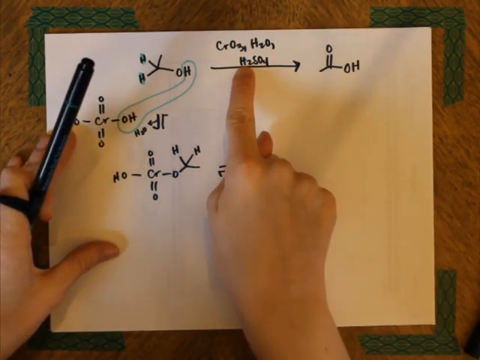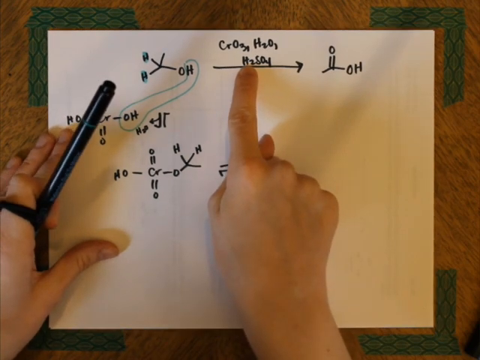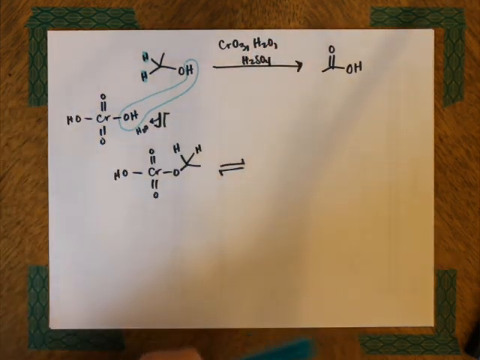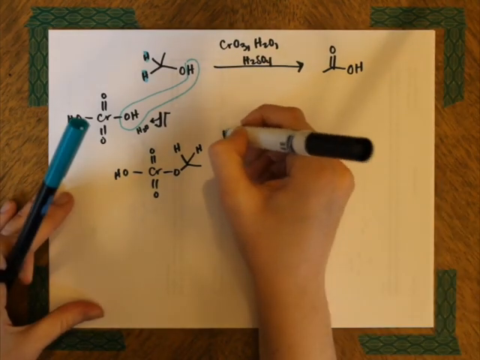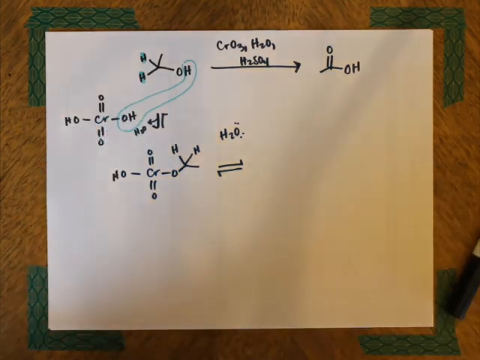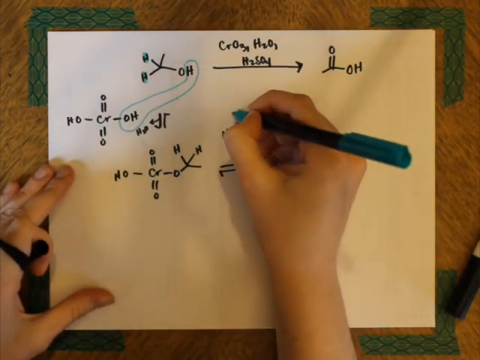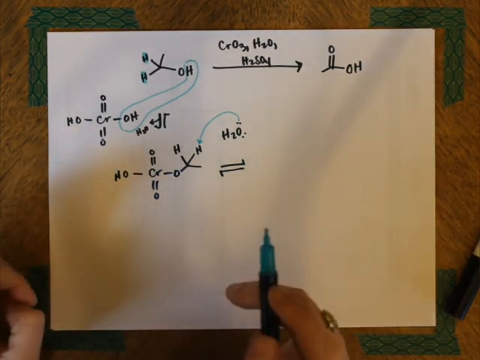Well, it's certainly not sulfuric acid or HSO4 minus. That is the conjugate base of a really strong acid, so it's not going to be a very sufficient base. But we could use water here. So I'm going to take this water molecule and grab one of those protons. Either of them is totally fine to use.